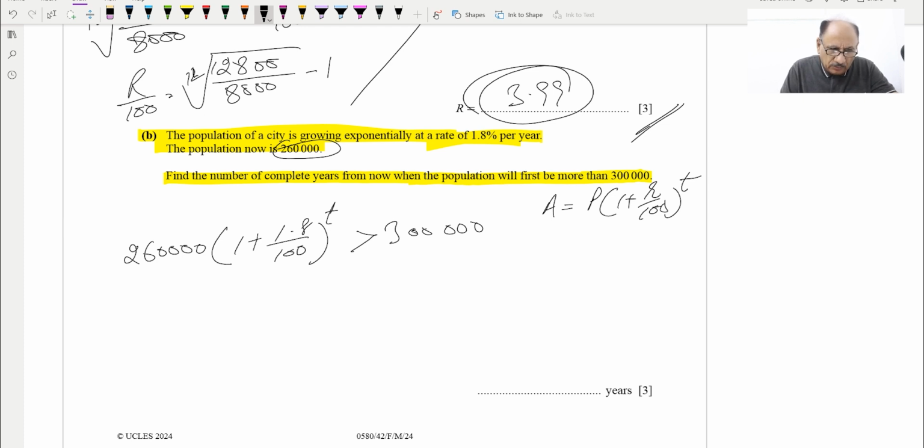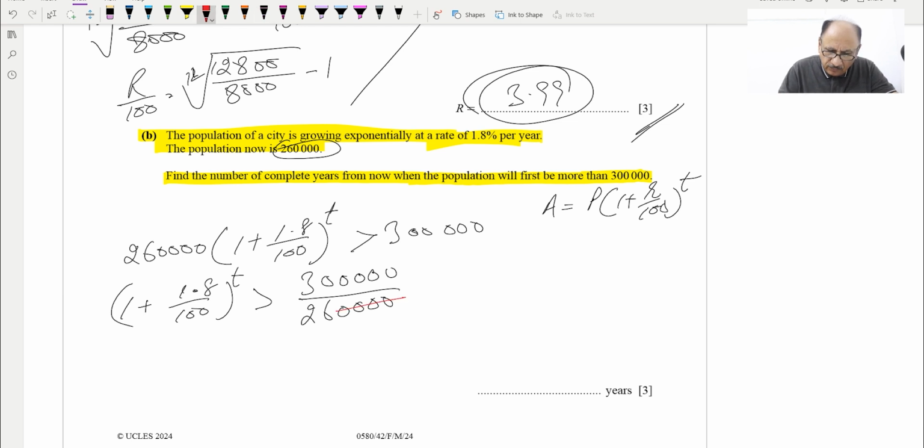So we can simplify, we can shift this to the other side. So 1 plus 1.8 over 100 raised to the power t is greater than 30000 divided by 26000.